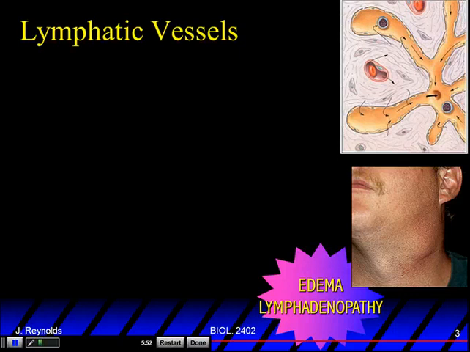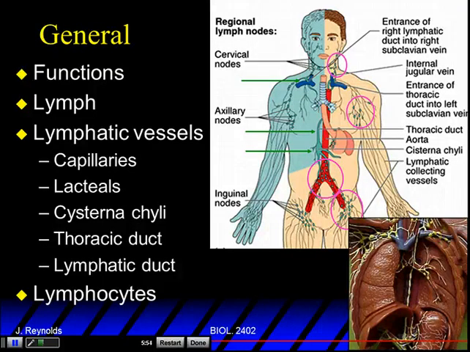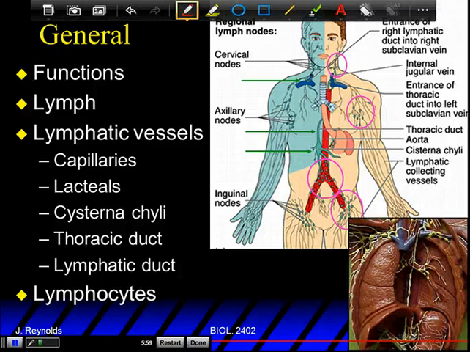Let me go back to the previous page. Now, let me follow the flow up. All right. So we start out at the feet, at the hands, at the skin. Here's going to be a tissue fluid drop in red.